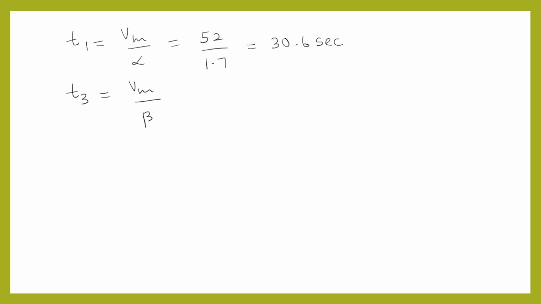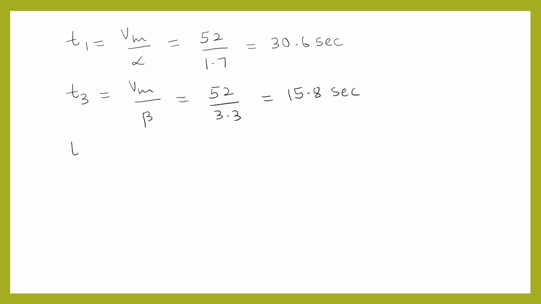So the time for acceleration T1 is given by Vm by alpha, that is 52 by 1.7, which is equal to 30.6 seconds, and time for retardation T3 is Vm by beta, that is 52 by 3.3, that is 15.8 seconds.